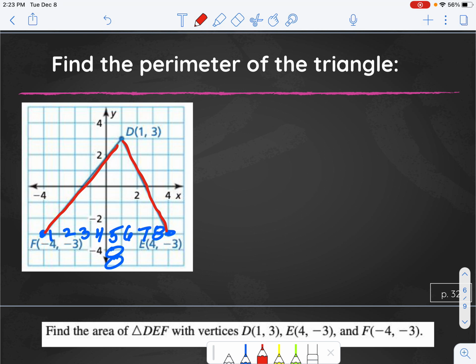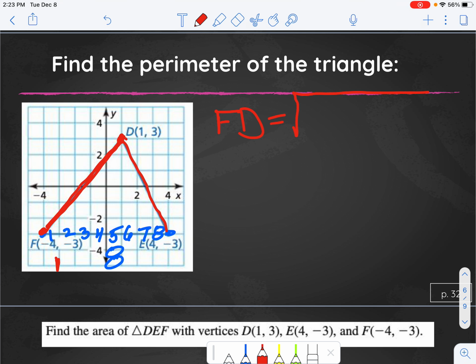So if we need to find the distance of FD, it's a good thing we learned the distance formula last week, because we can do that. We need to use these points here and here, and we can find the distance of this diagonal side using our distance formula.